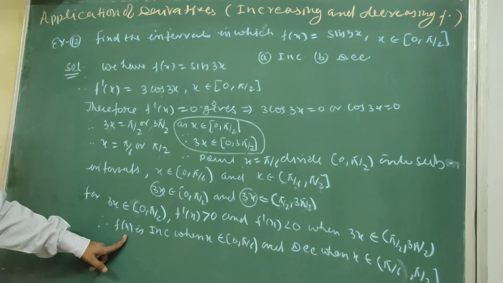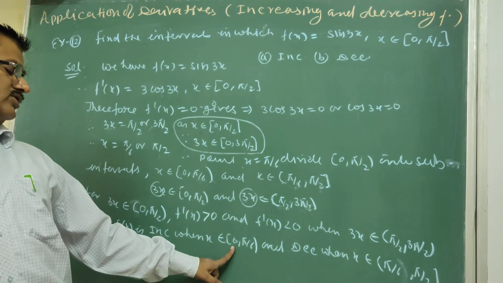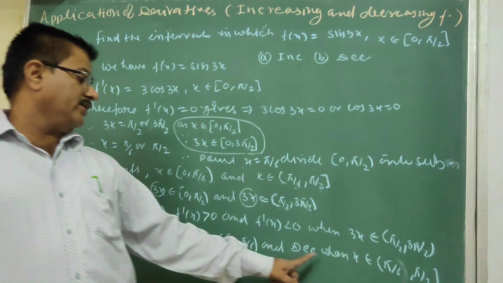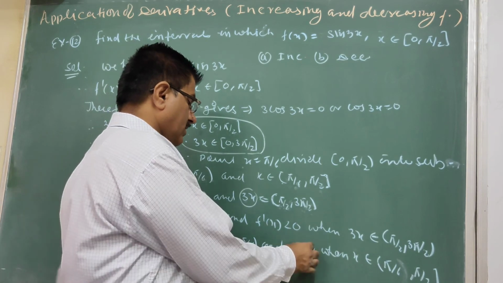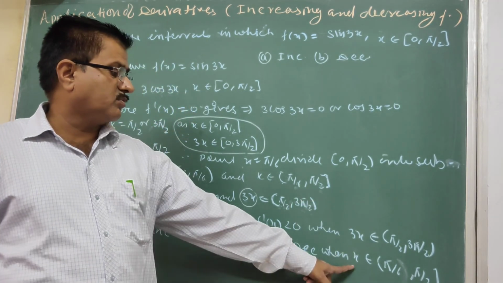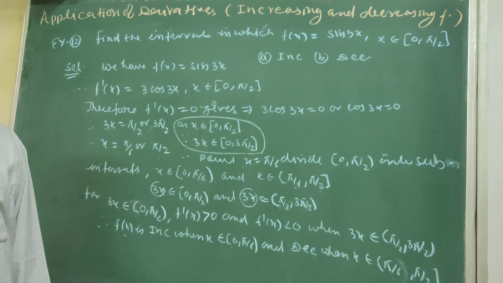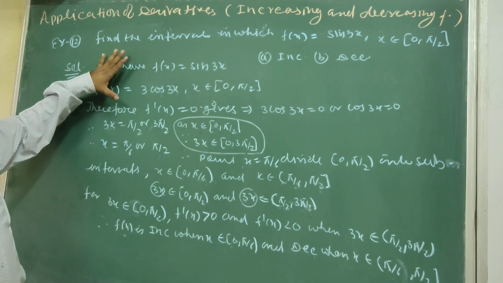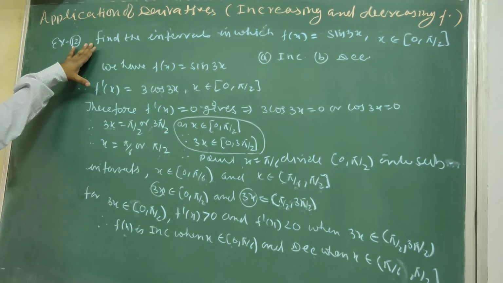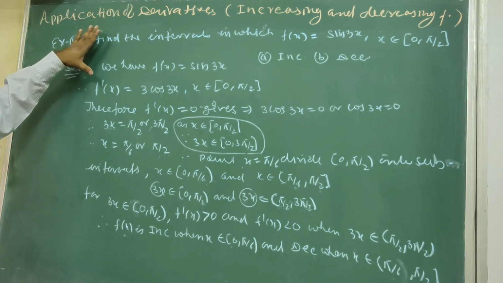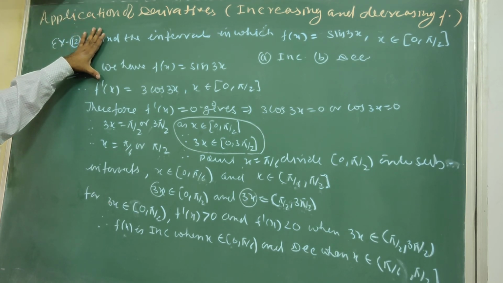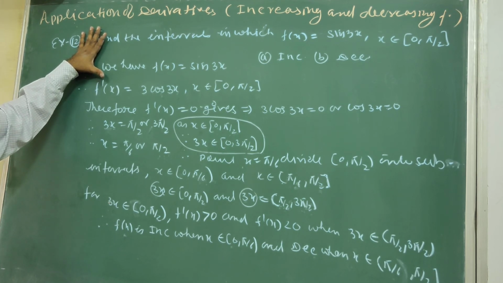The given function is increasing when x belongs to 0 to pi by 6 and decreasing when x belongs to pi by 6 to pi by 2. This is clear? So the method is again the same as whatever we used in the algebraic method. Only here we have to know about the sign of the trigonometric function according to the coordinate system.